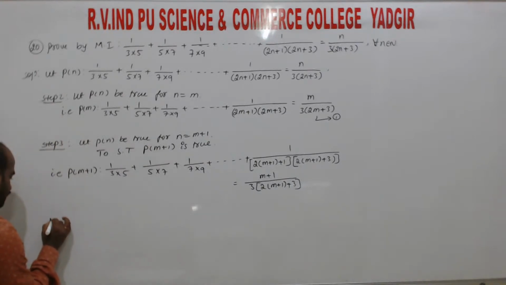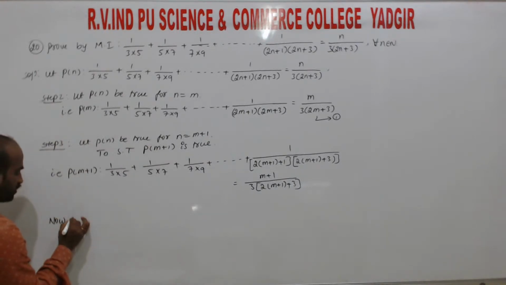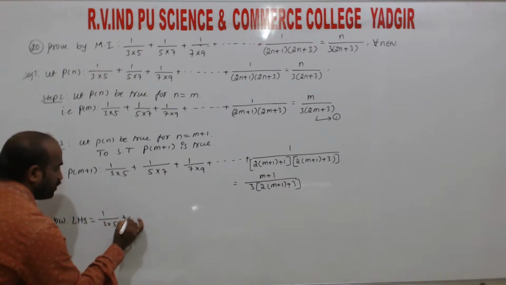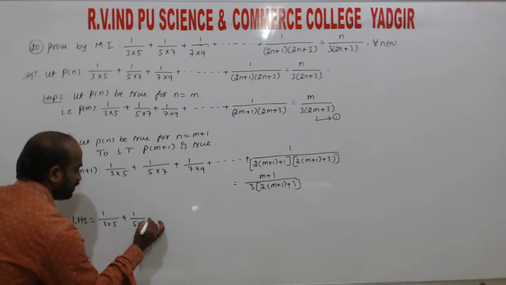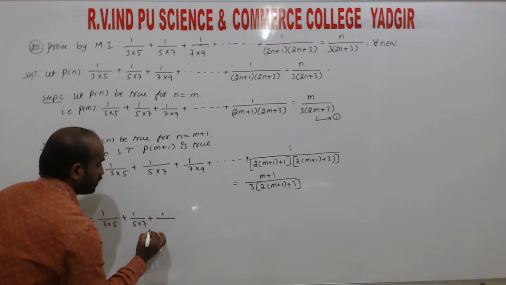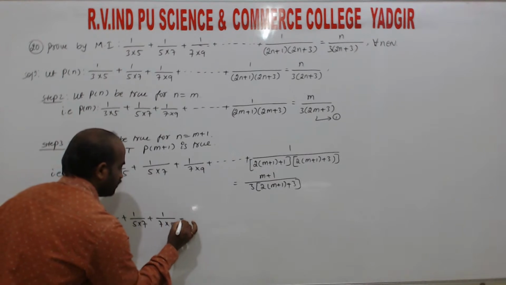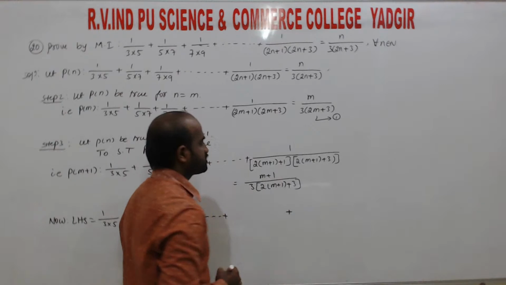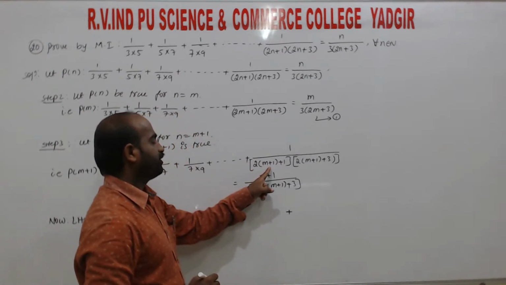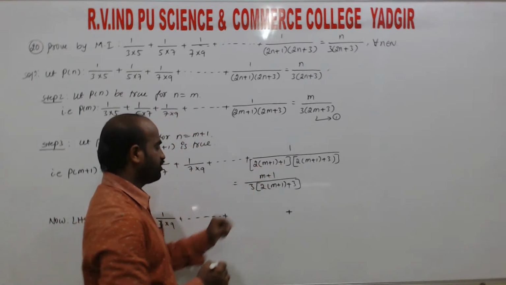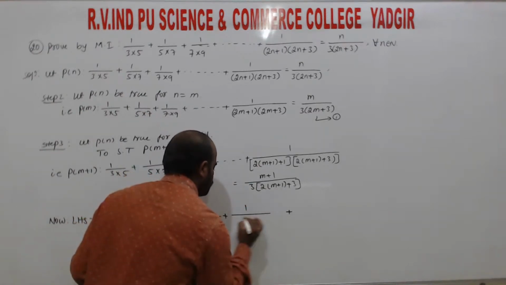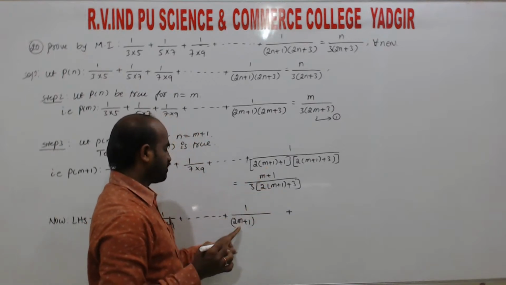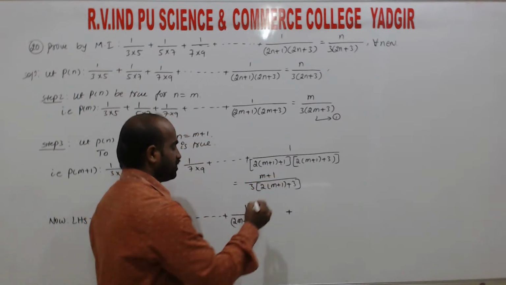Now we have to take the LHS: 1/(3×5) + 1/(5×7) + 1/(7×9) and so on, last term 1/((2(m+1)+1)(2(m+1)+3)). The previous term is 1/((2m+1)(2m+3)), and m+1 stays as it is.